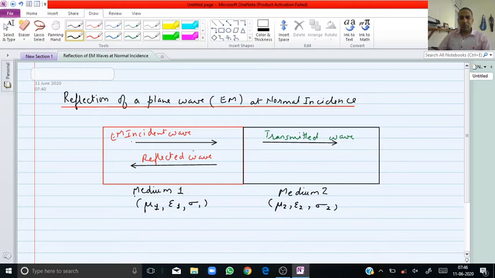Means some part of the incident wave will get reflected and some part will get transmitted to medium 2.